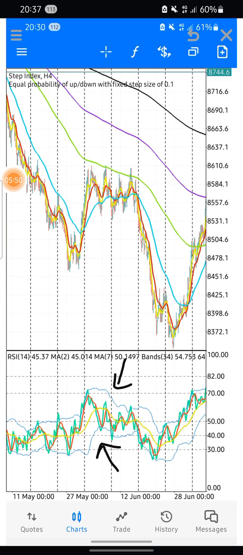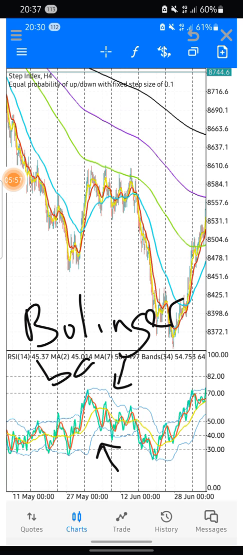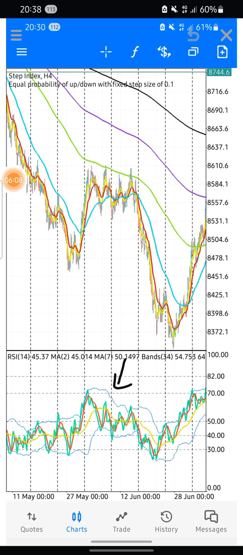These are the Bollinger Bands. After the Bollinger Bands, we have this yellow line here.